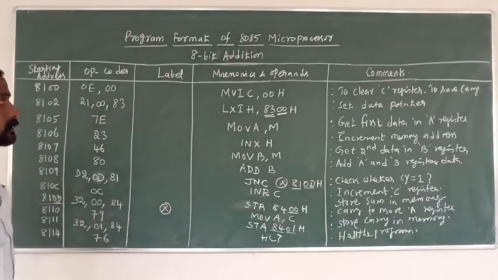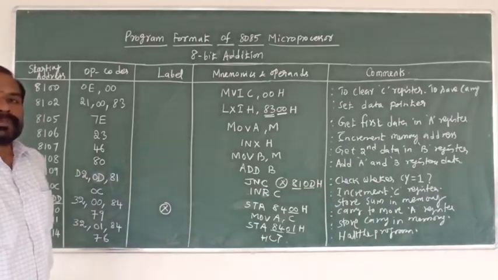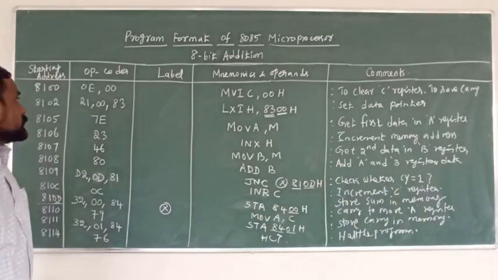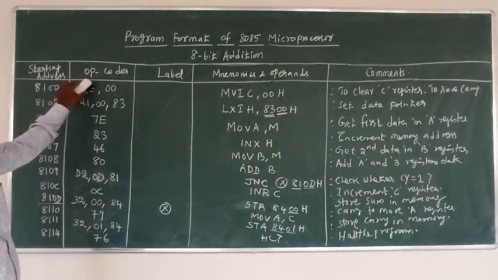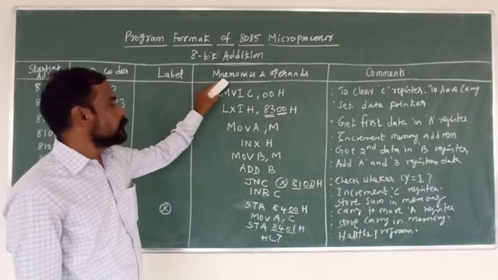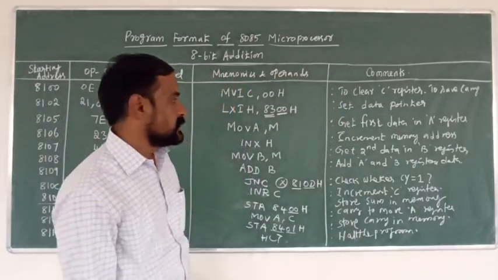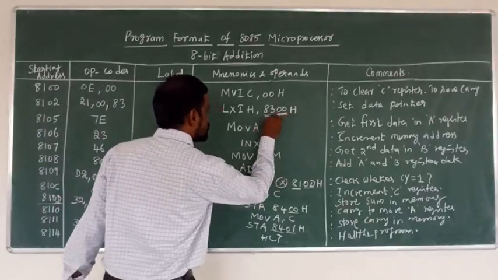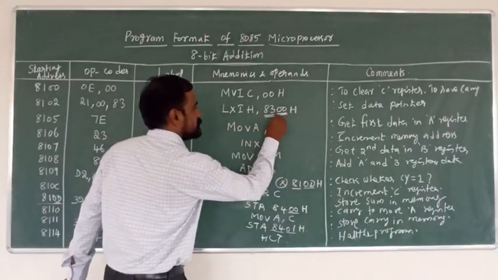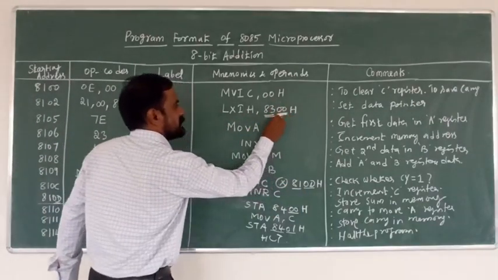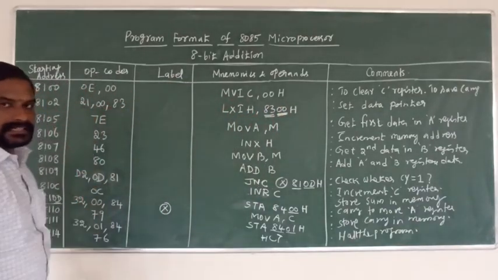Okay, this is the format to write any microprocessor program. The first column is the program starting address, the second column is the opcode, the third column is the label, the fourth column is the mnemonics and operands, and the fifth column is the comments. Here, for any address, we always first start with the least significant byte, and after that the most significant byte. Here also first 0D and then the most significant byte.